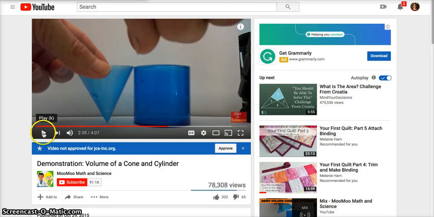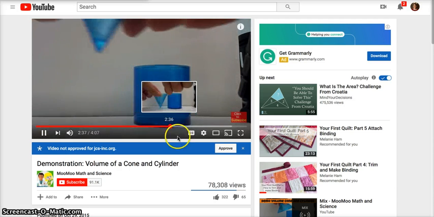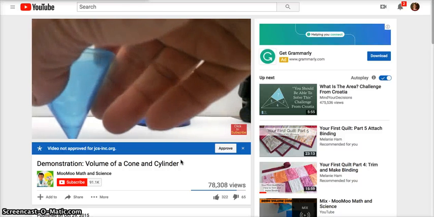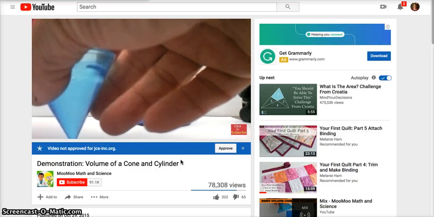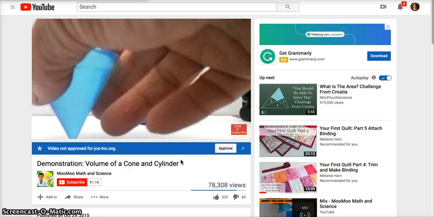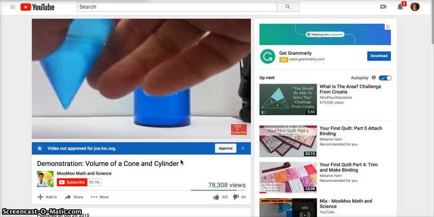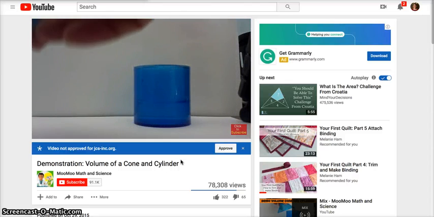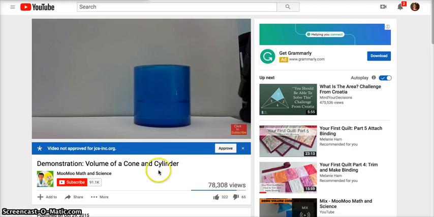So I'm going to play this and fast forward a little bit here. And an equal height. Let's go ahead and fill them up with water and see if this actually works out. So here's number 1. Let's go again. Here comes number 2.